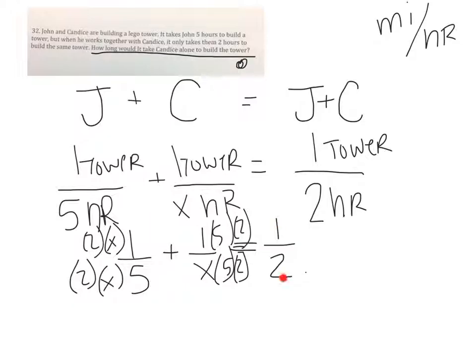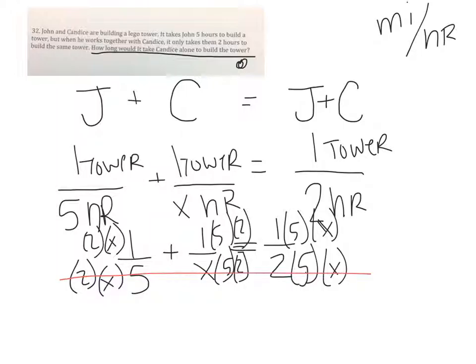So I'm looking at this fraction, and it's missing the 5. I'm going to take my pencil and multiply by 5 on top and bottom. And then it's also missing the X. I'm going to multiply by X on top and bottom. Now that I've got all my denominators common, having a 2, an X, and a 5, now I know I can cancel out that denominator.